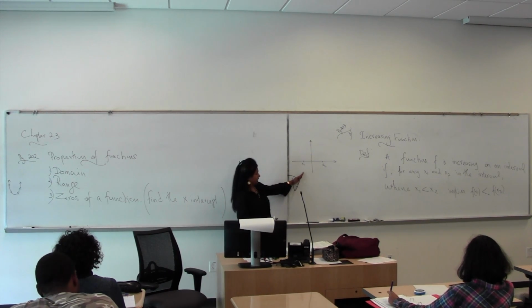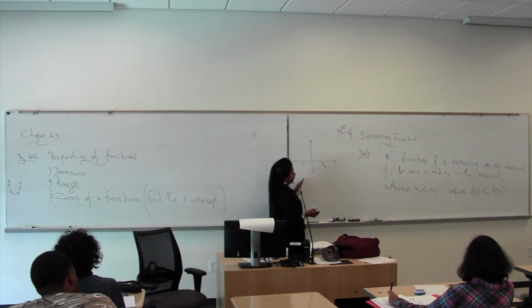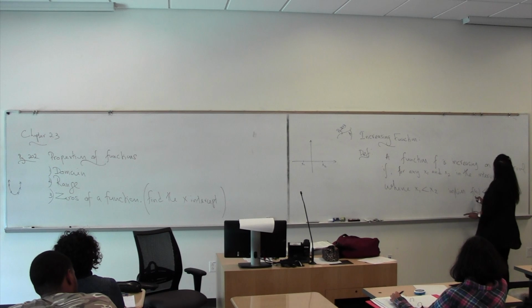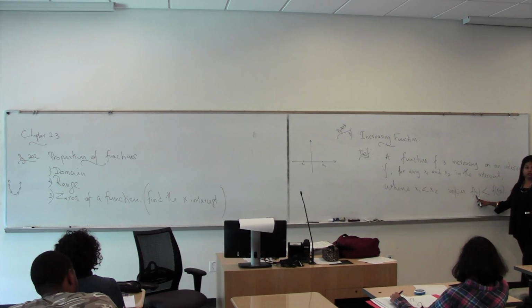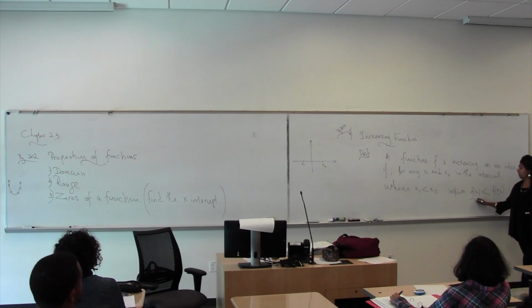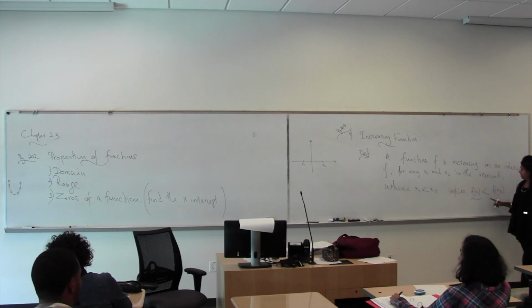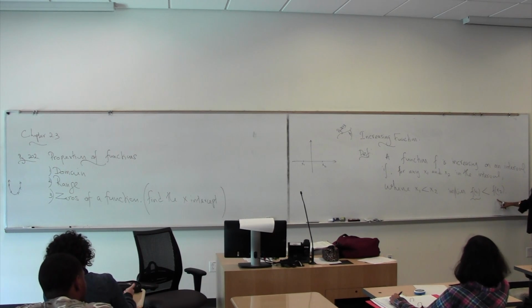When this condition is given, what else do we need to have? What is f of x1? What does f of x1 mean? The y value. The y value for x1, the y coordinate for x1, right? What is f of x2? The y coordinate.